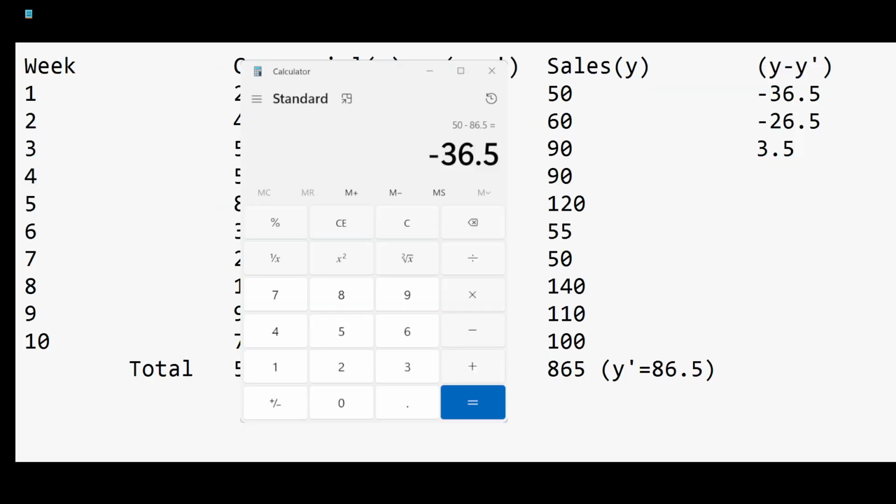Okay, so the next is 90 minus 86.5 equals 3.5. So you can also write here 3.5.